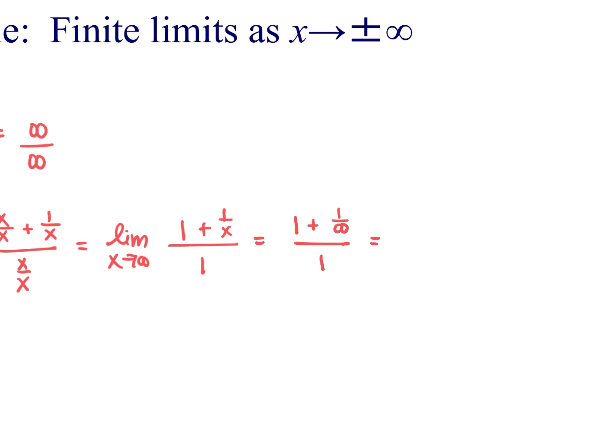Okay? 0 plus. Why? How big is infinity? It's huge, right? And when you have a huge denominator, what kind of answer do you get? A huge denominator gives you a very small number. So this is 1 plus 0 plus.